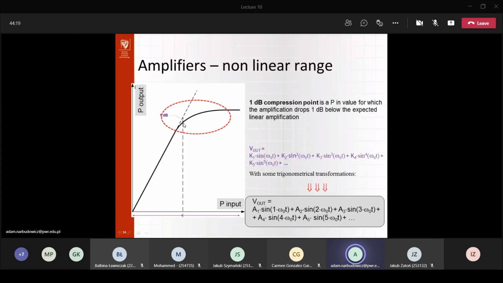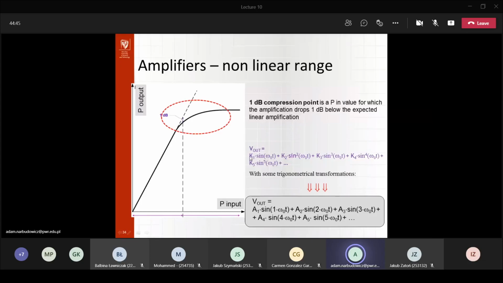Over here you can see that if you increase the power, slowly your amplification will drop, and it will continue dropping up to the point where you have more power at the input, but pretty much no more power at the output. That's the saturation region.